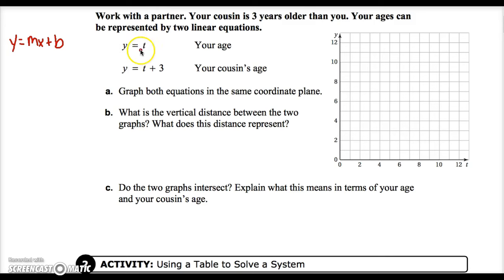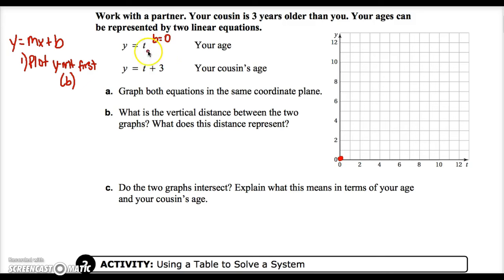So in this first equation, if I go to graph it, remember you want to plot the y-intercept first. And that is the number that's in the b position. Now if you look at this equation, there's nothing in the b position. It doesn't say plus anything or minus anything. So your y-intercept for this equation is going to be 0. Okay, so I'm going to plot 0.